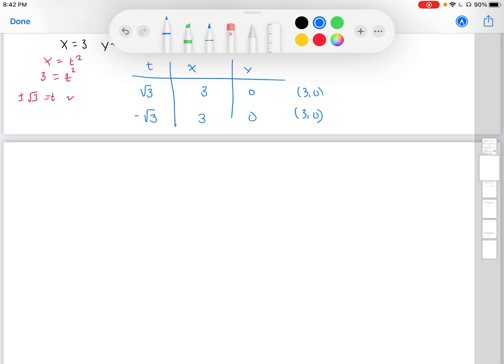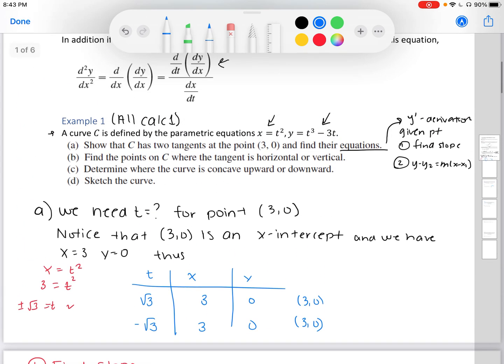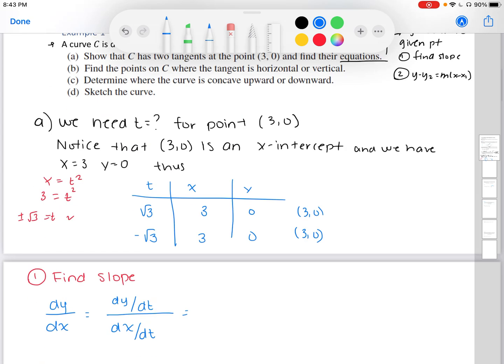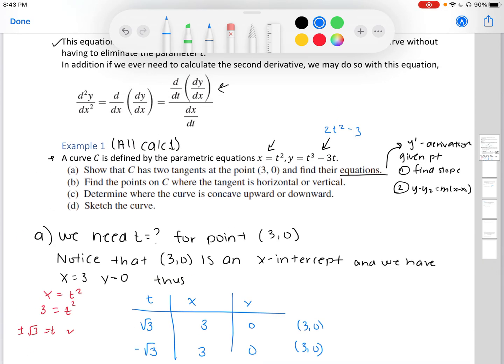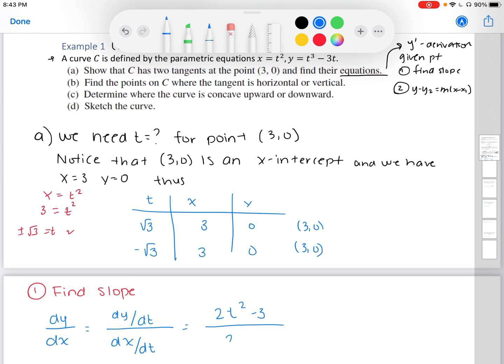To find our slope, we need to find our derivative. So our derivative is found by the formula dy/dx is equal to dy/dt divided by dx/dt. Our derivative of y is 3t squared minus 3. Our derivative of x is just 2t.